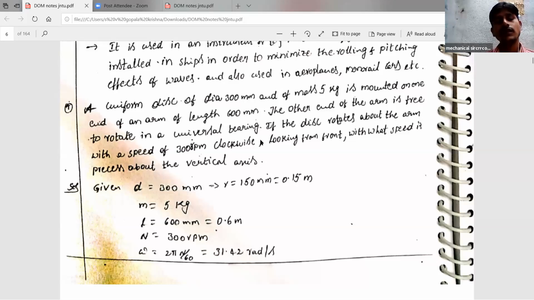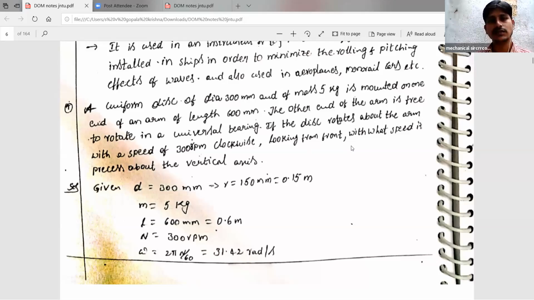Here the problem belongs to the spinning disc and spinning axis type. What we discussed in earlier classes, our gyroscopic couple derivation and precessional angular motion derivation, those are the spinning axis and spinning disc.